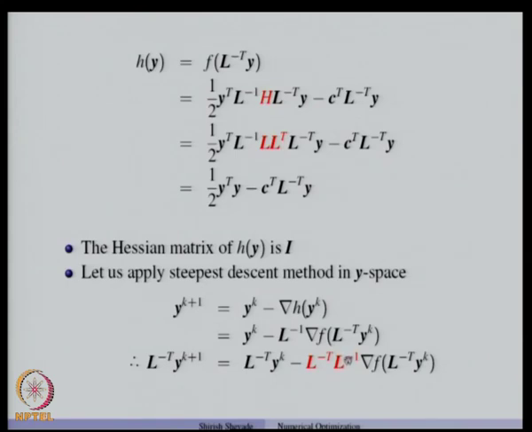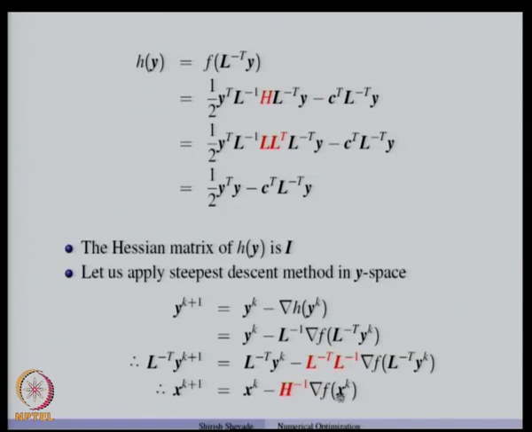So, this quantity is nothing but the inverse of the Hessian. And what are these quantities? These are nothing but x k plus 1 and x k, and if you replace L transpose inverse y k by x k, then we get x k plus 1 to be x k minus H inverse the gradient of f of x k.